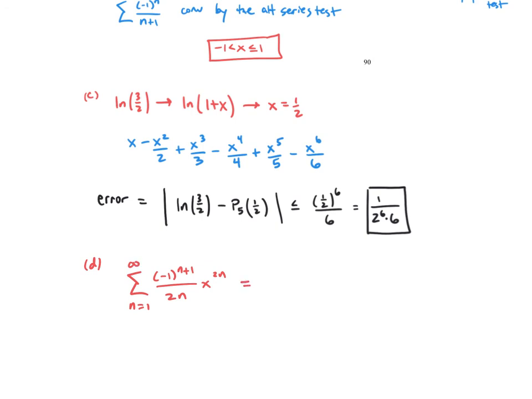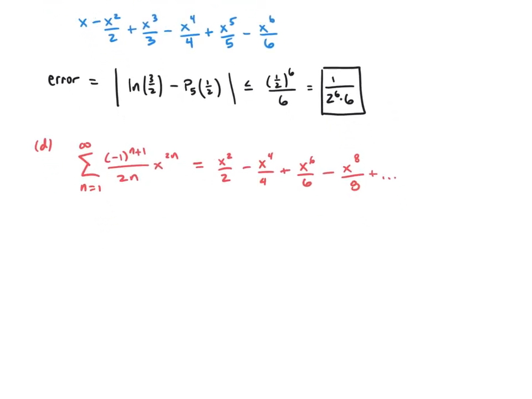So if n is 1, then my first term will be positive x squared over 2. My next term, when n is 2, is going to be x to the fourth divided by 4. My next term is positive, that's going to be x to the sixth divided by 6, and x to the eighth divided by 8, and so on.